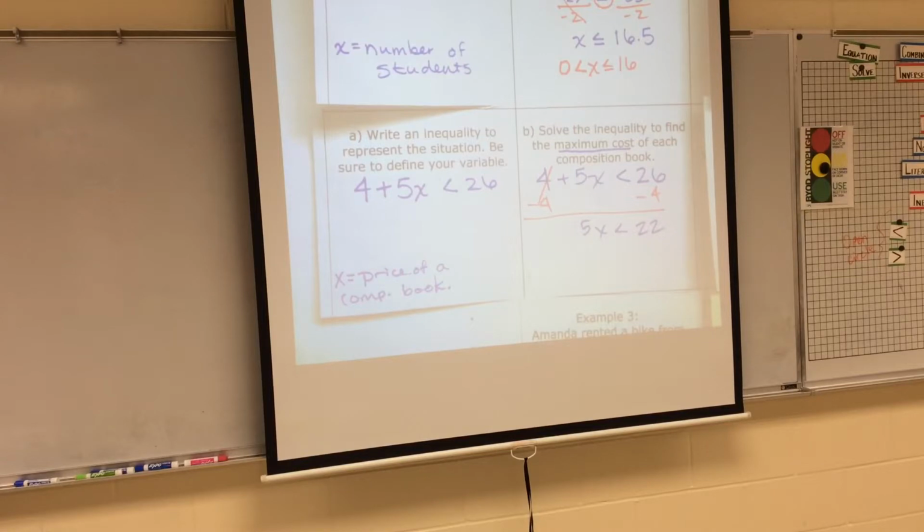Mm-hmm. And then? Because we divide both sides by 5. So you got x is less than 4.4. Now we're talking about price here, so I'm going to go ahead and put in my units.